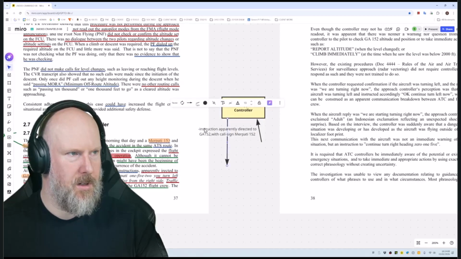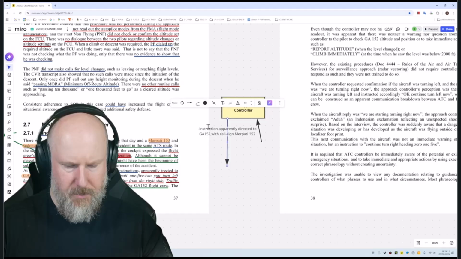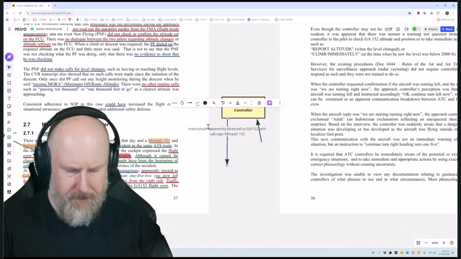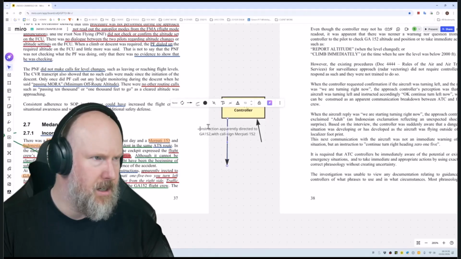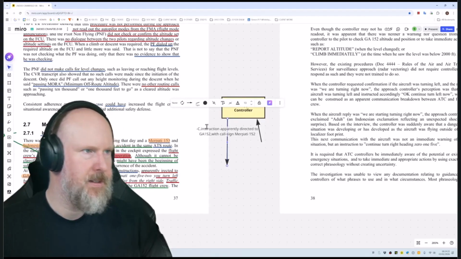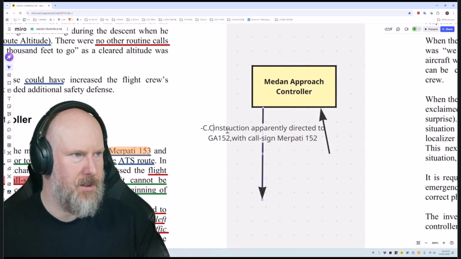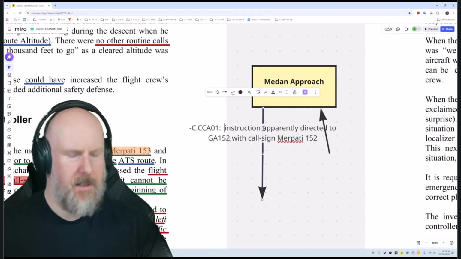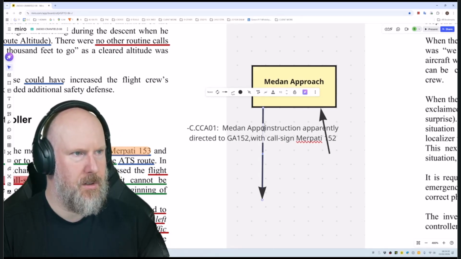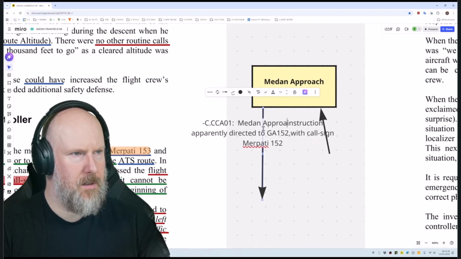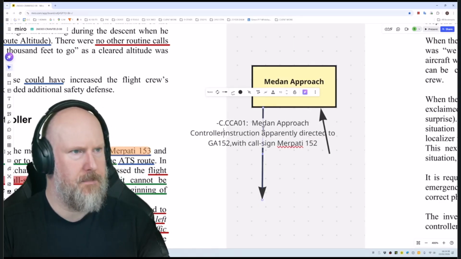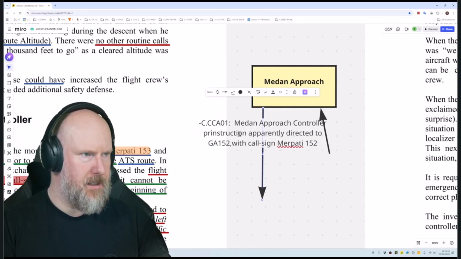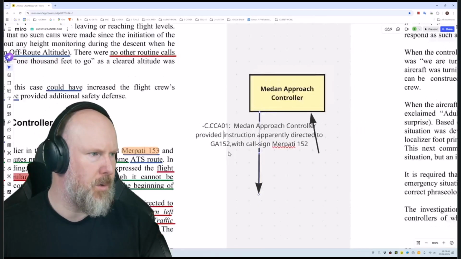Okay, so this was the first one. So let's put candidate contributory control action. Hang on a minute. I need to put my caps lock on. There we go. Candidate. Let's zoom in so you can see. Candidate contributory control action 01. Median approach controller provided, so what was the instruction?